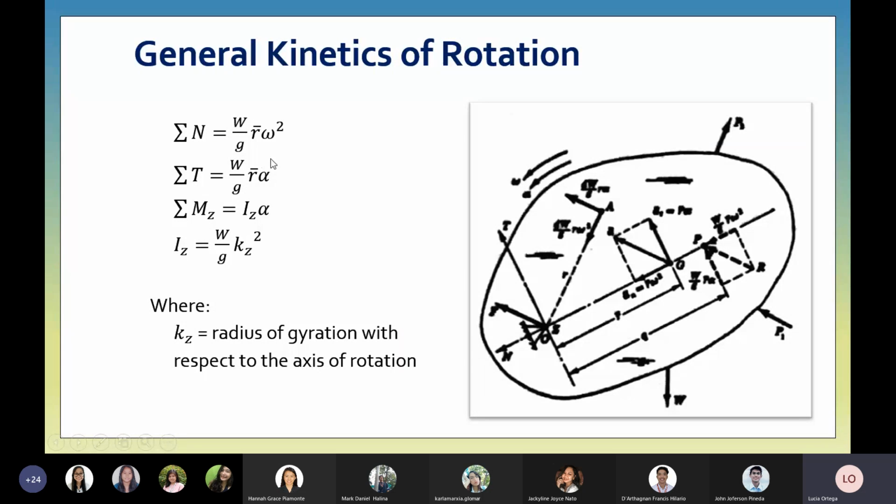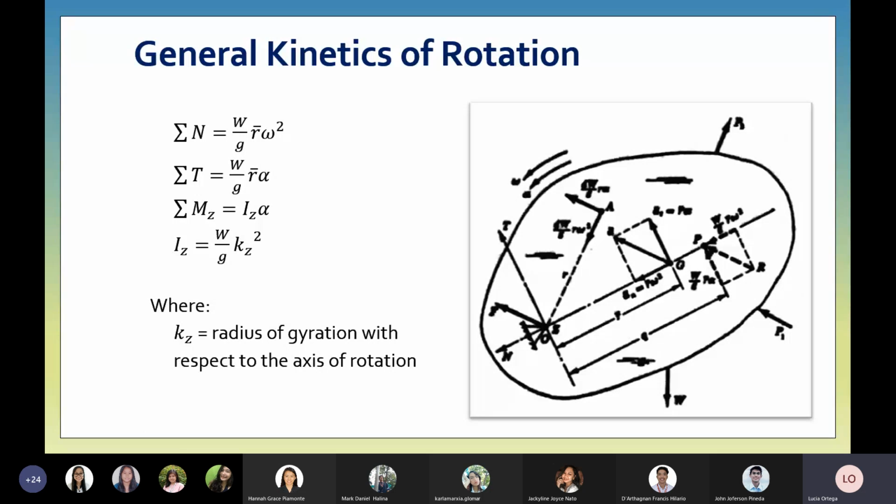This is for tangential acceleration. Summation of moment at the axis of rotation is the moment of inertia times alpha, and the equation for this is W over g Kz squared. Kz is radius of gyration with respect to the axis of rotation.